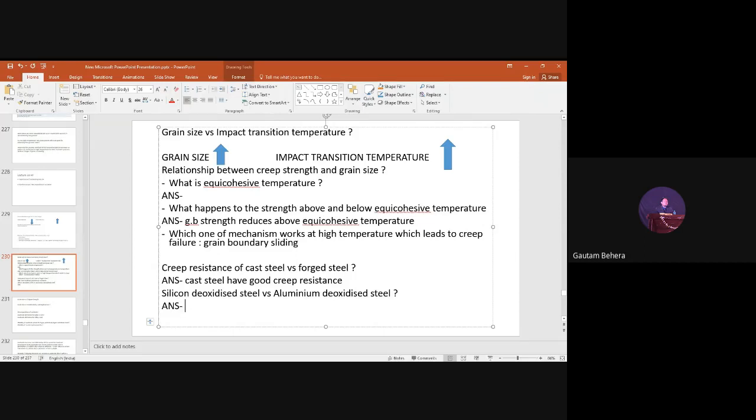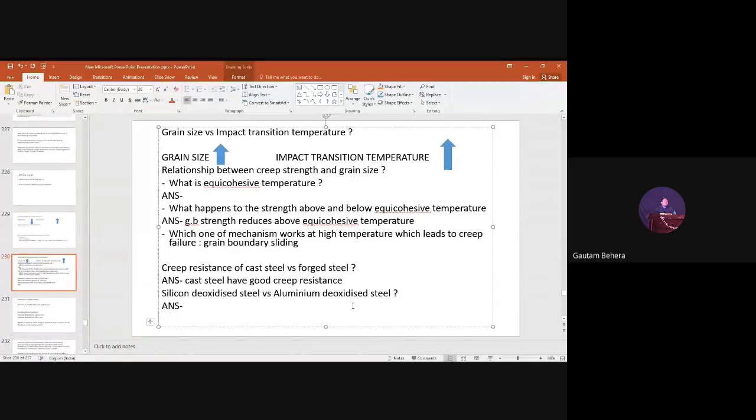Okay, fine. So you will end up with steel containing SiO2 and steel containing Al2O3, in a very minimum, negligible amount. Most of the oxides will be removed. But suppose you end up with a steel containing Al2O3 and a steel containing SiO2.